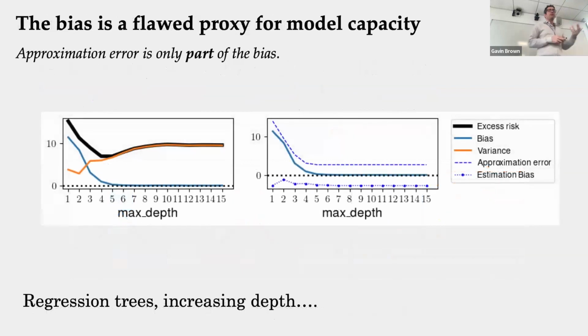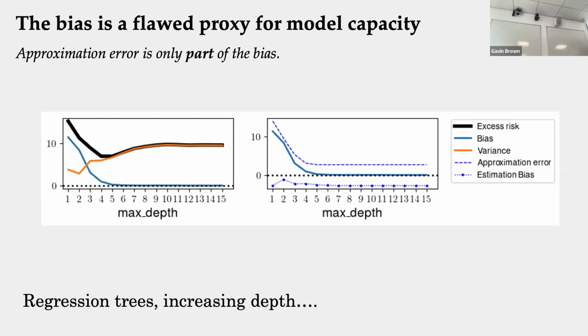I can illustrate this point, that the bias is a flawed measure, with a decision tree here. We've got the bias and the variance components. We see some degree of overfitting in the left-hand panel here. The bias after depth 5 or 6 goes to 0. So in the sense of the bias variance decomposition, this is an unbiased model.